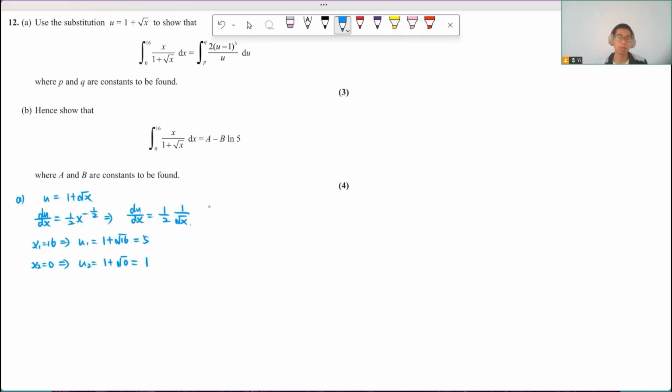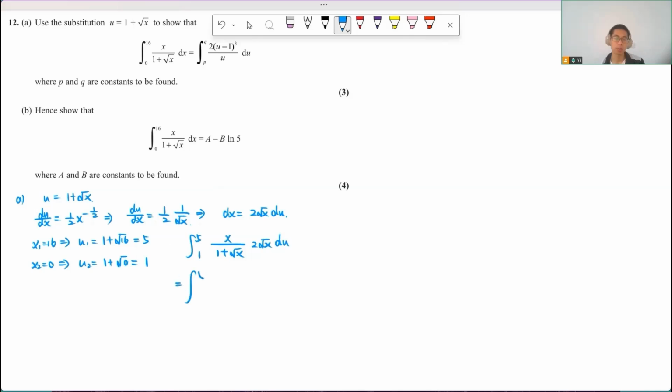So now we have dx should be equal to 2 root x du. Then now we substitute in. We first change the limits into u values, so 5 and 1, and then x over 1 plus root x times dx, which is 2 root x du.